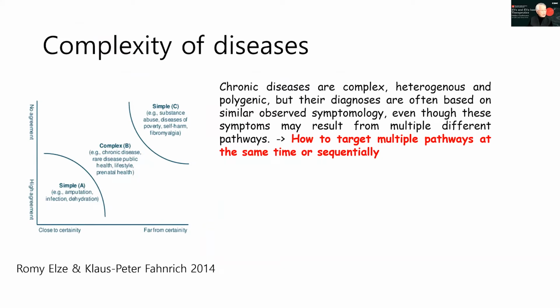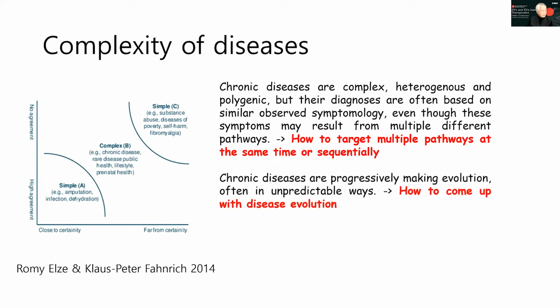Even these symptoms may result from multiple different pathways. So the question is how to target multiple pathways at the same time or sequentially. On top of that, we have another big problem. Chronic diseases are progressively evolving, often in unpredictable ways. So here's the second question, how to cope with this disease evolution?